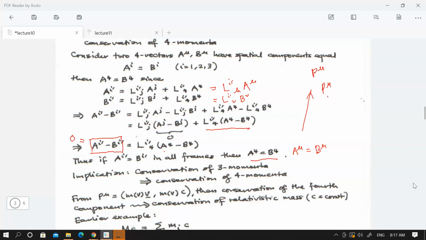So if we apply this to, say, P mu initial and P mu final, then this equality will imply this equality. Which tells us the initial four momenta must be equal to the final four momenta. That implies essentially the conservation of your four momenta.